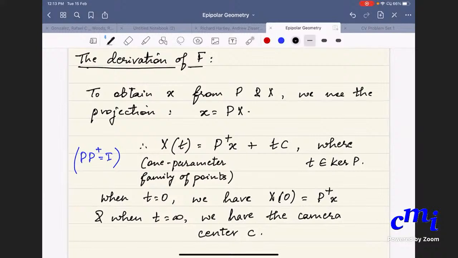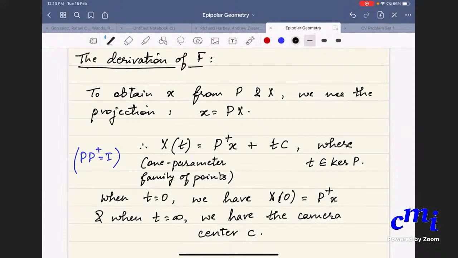You will have this one parameter family of points. When t is equal to 0, what do you get? When t is equal to 0, you are at the image point x. And when t is infinity, we sort of say that we have the camera center C.